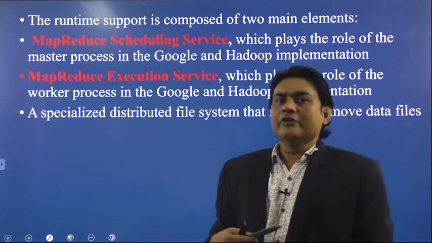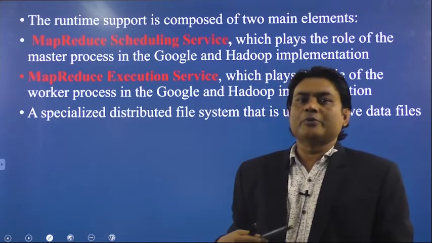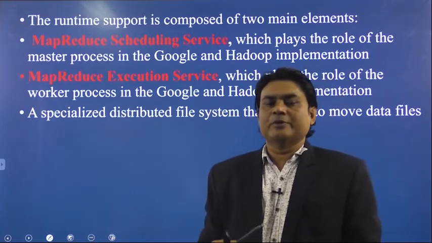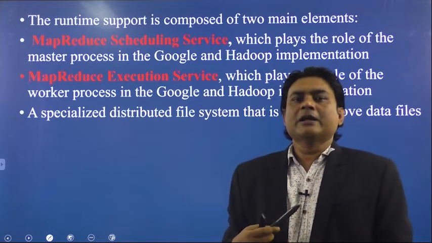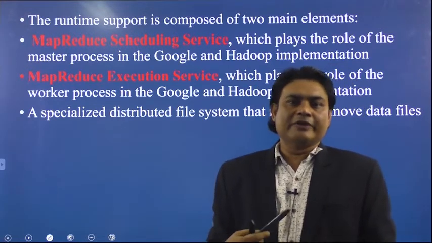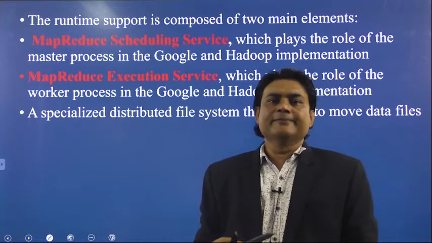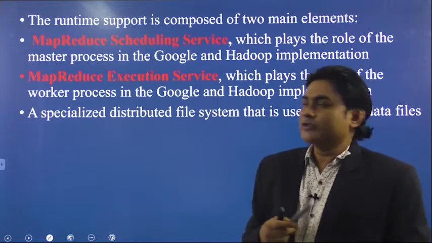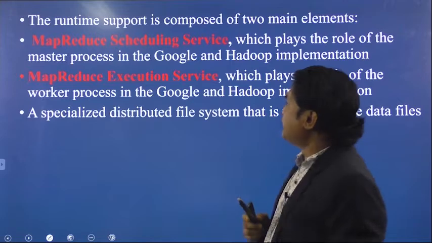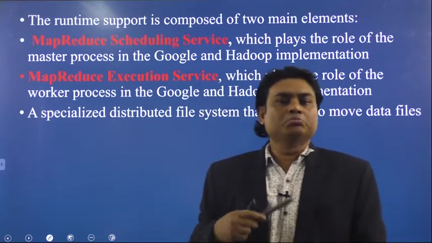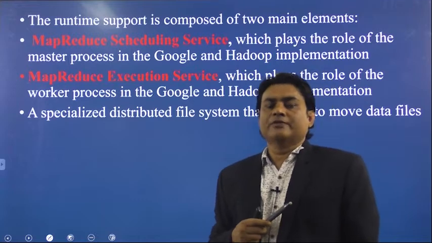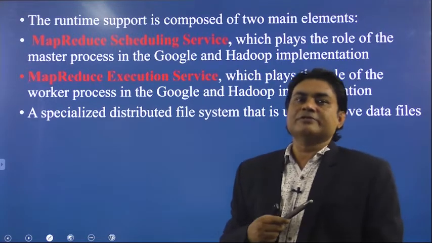Hadoop provides large-scale processing of data with the help of the MapReduce programming model, and it stores a bulk amount of data, called big data, with the help of the Hadoop distributed file system. These two important elements are used to execute a large number of tasks, or to execute MapReduce applications.